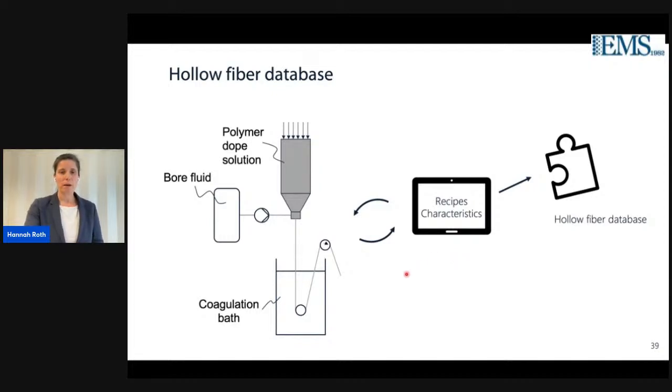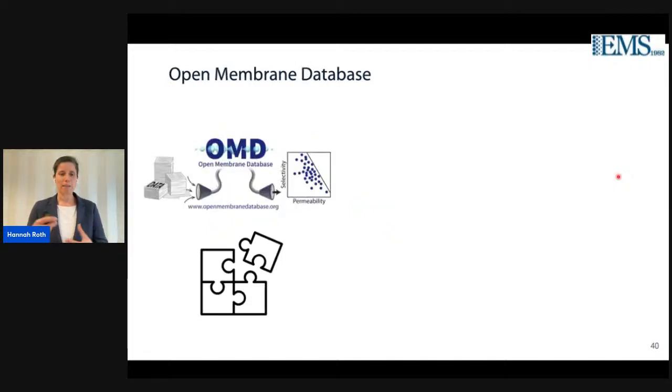But a key will be in the future to really have these recipes and characteristics not only in very many separate places, strongly bound to the people who did these experiments, but in a more available database so that we can connect all these puzzle pieces together.